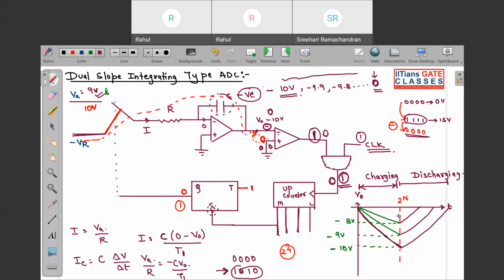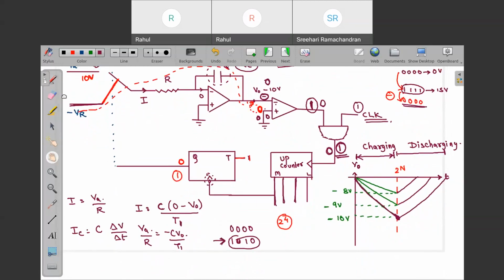This V naught is this value corresponding to 10 volt, whatever it is; I am calculating in a generalized way. So V naught is equal to minus 1 by T1 times 1 by RC, that is, 1 by RC T1.